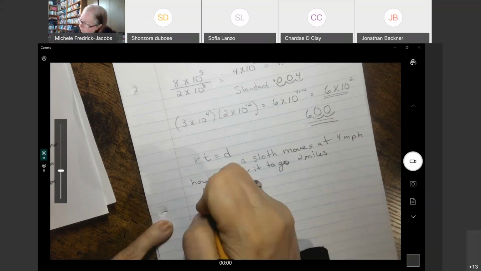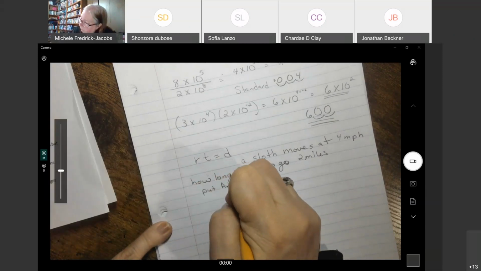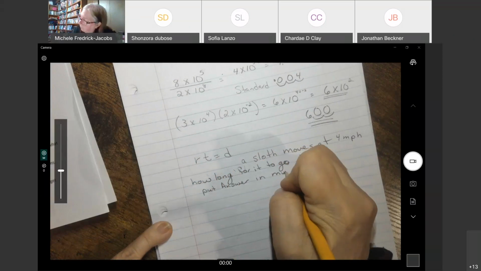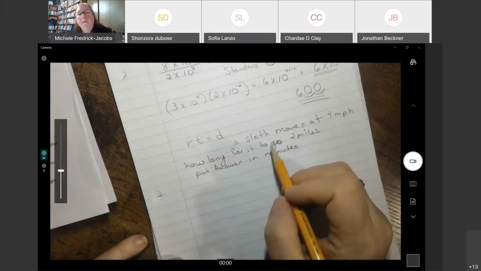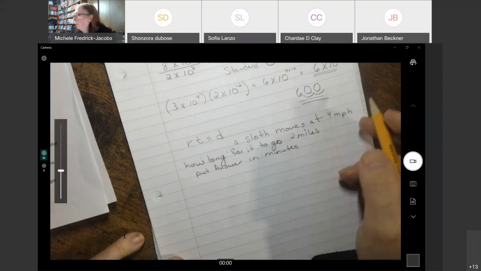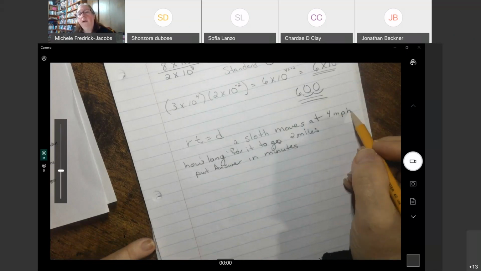So is the 4 miles per hour the rate and the 2 miles the distance? Yep. Okay. And we'll put our answer in minutes. Okay, so first we'd find our answer. But you're right. If he goes at 4 miles per hour, your rate always has more than one unit. Miles per hour, 4.